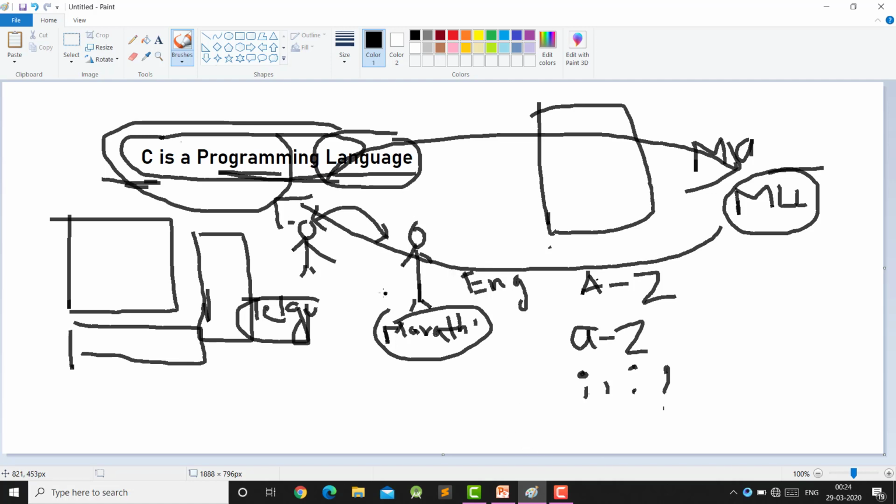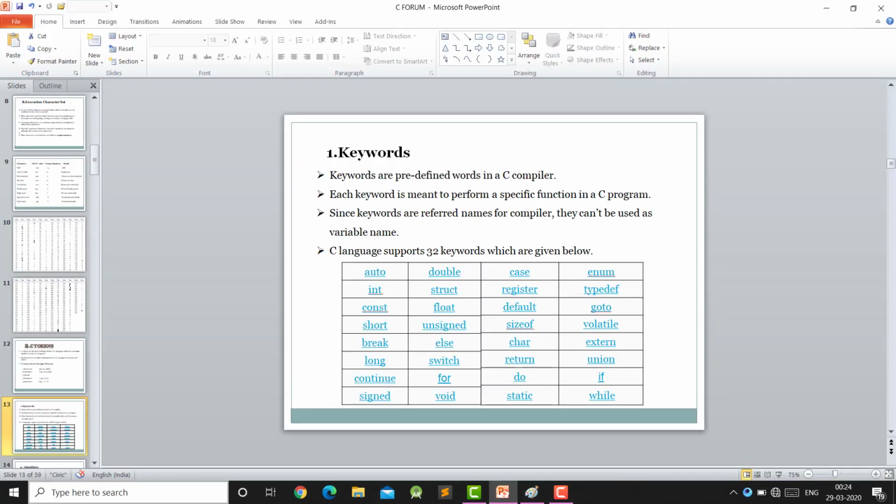This work is done by the C compiler. Okay, let's continue.